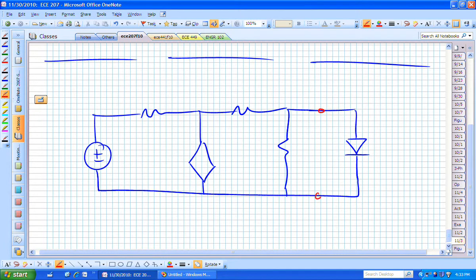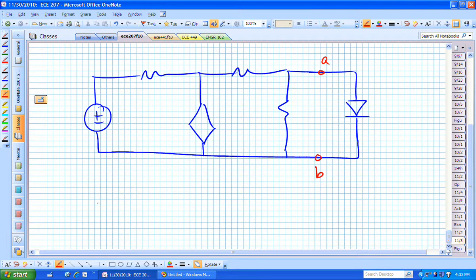If I could somehow get rid of what's to the left of those two nodes, what if I do this? If I label that A and B, is that suggesting anything? Thevenin. So now if you replace this with a Thevenin equivalent, then what have you done?